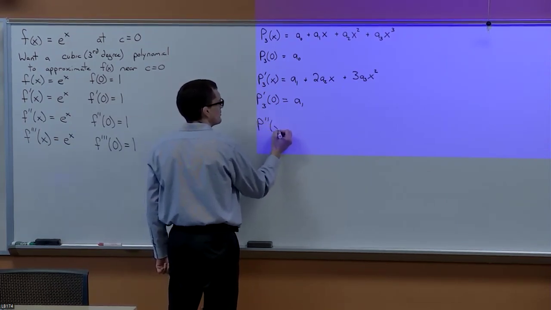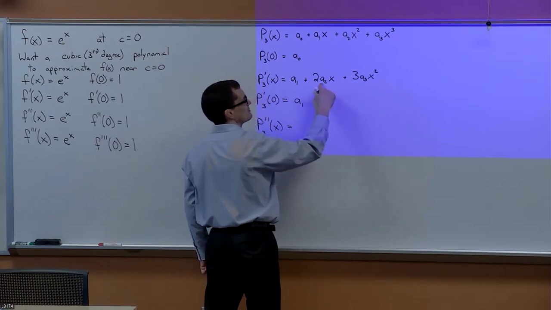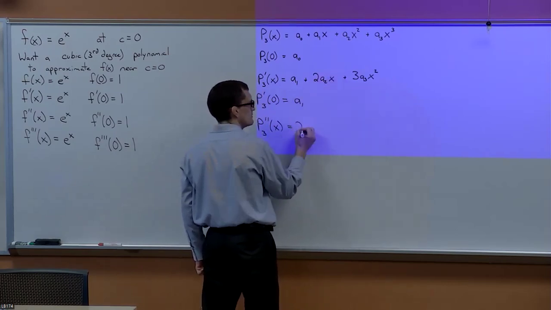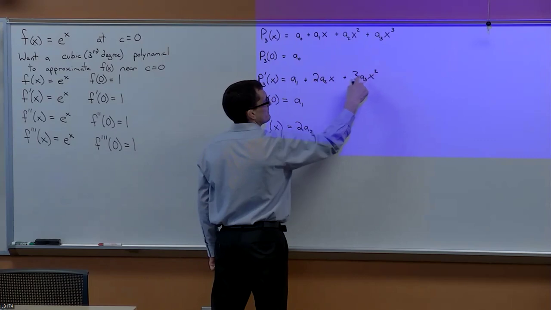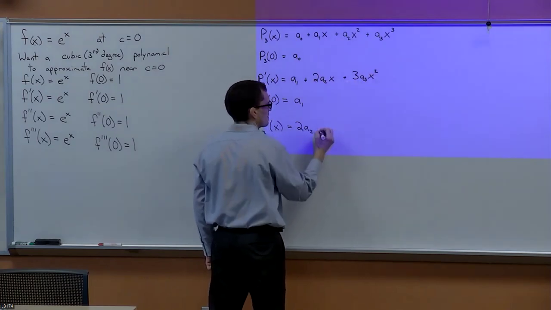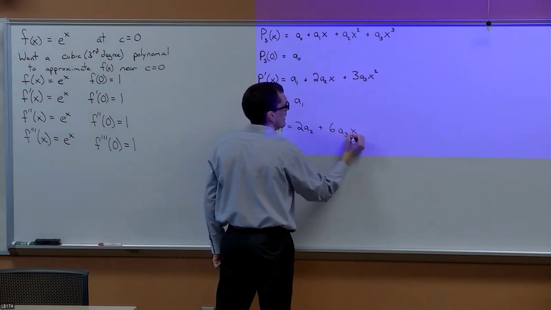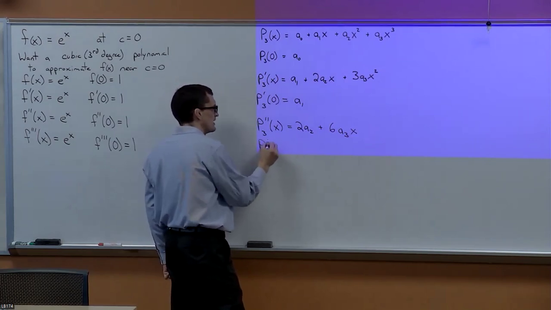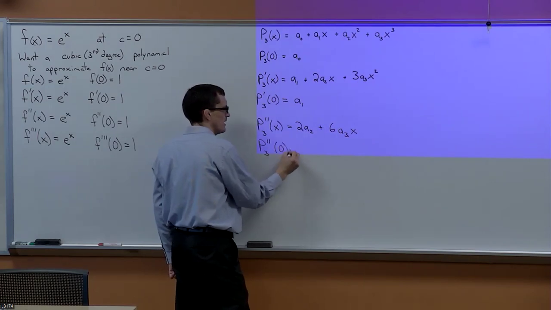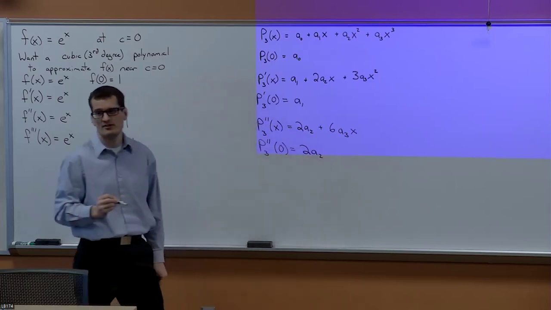If I take a second derivative of my polynomial, that's just a derivative of this, I'm going to get 2a2 times 1 plus 3a3 times 2 times x to the first. So that's going to be 6a3 times x to the first. Notice that when you plug in 0 into that polynomial, you don't get a2, but rather you get 2 times a2.